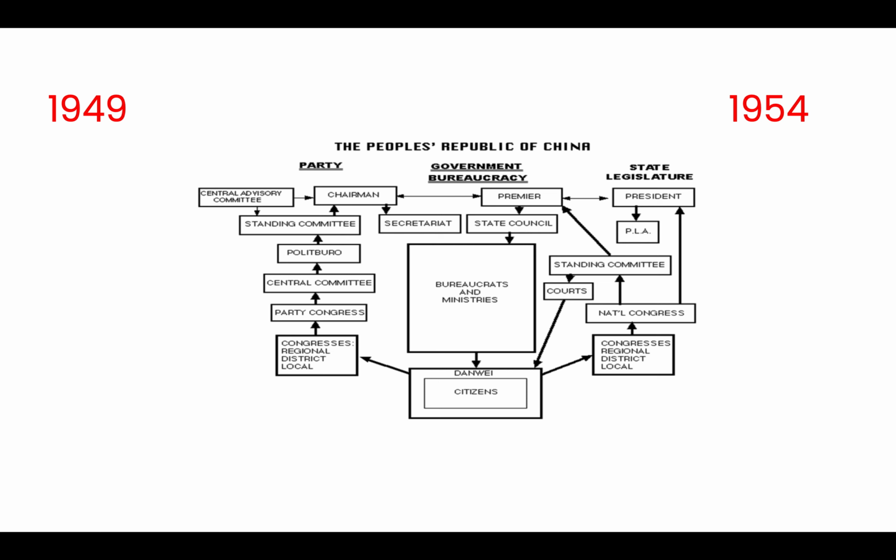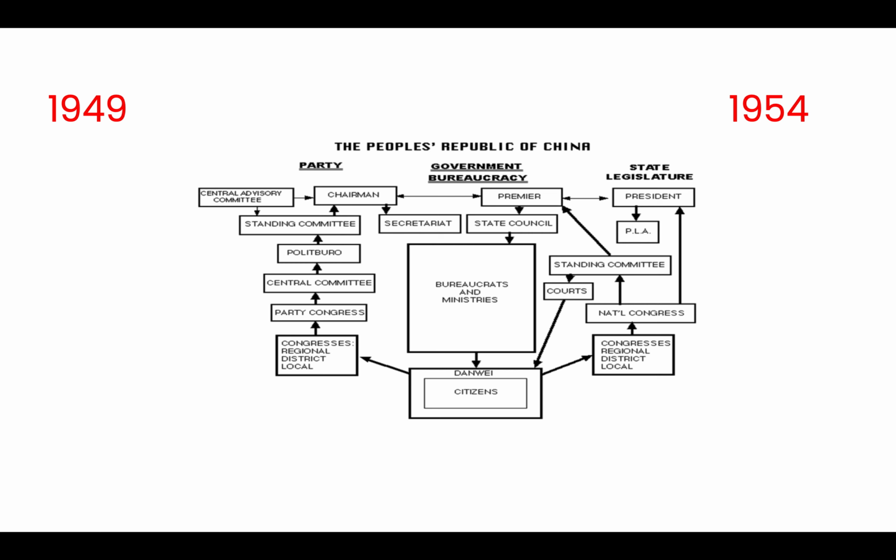But at this conference, what is established is the Central People's Government as a supreme state body and approved the Common Programme. Now what the Common Programme was, it was the temporary constitution which would last 5 years. Okay, and that is put into place at the CPPCC.